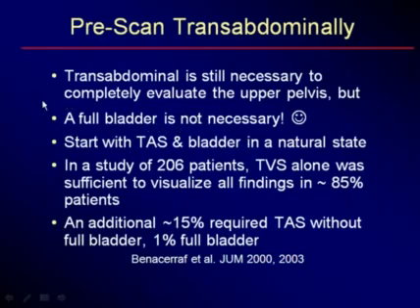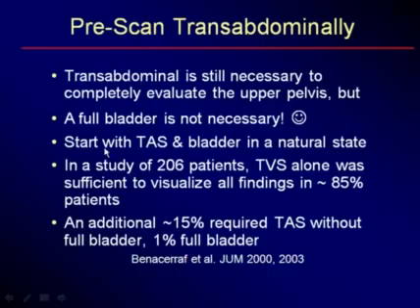So we can have a patient come in a natural state, bladder could be empty, bladder could be partially filled, put her on the table, take a quick look around the pelvis, looking for a large mass, a large uterus, something that could easily be missed by just doing transvaginal sonography. So when we schedule these patients, they just come in a natural state.